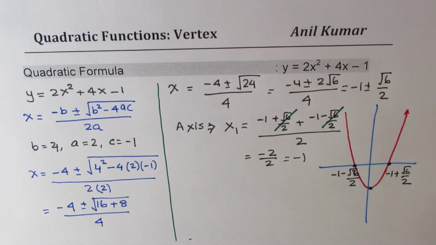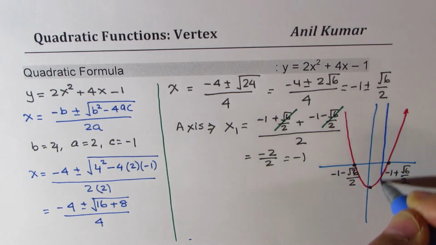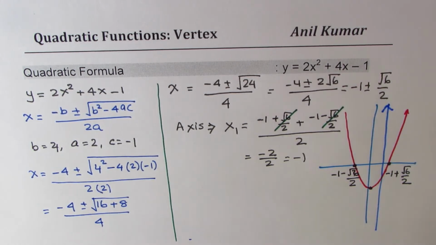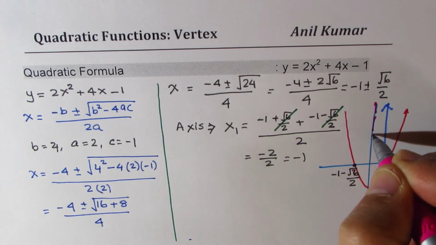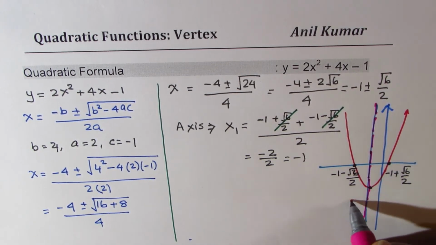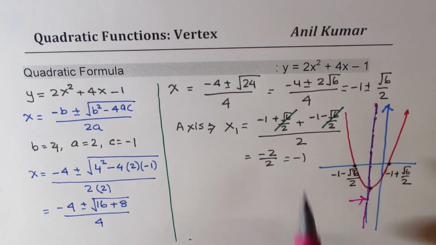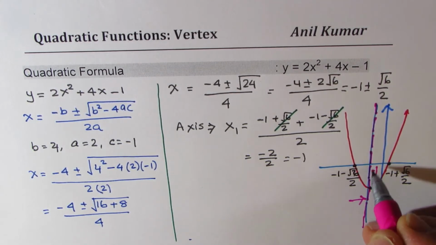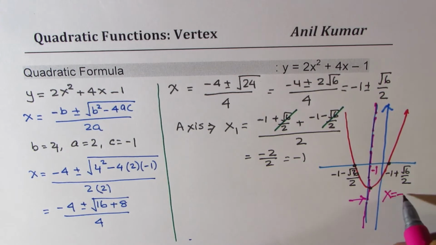So this diagram is not really correct. The y-axis will be somewhere here. Okay, so what you notice here is that this axis, let me now make it with a different ink, is at minus 1. Do you see that? We could write x equals minus 1 as the axis.